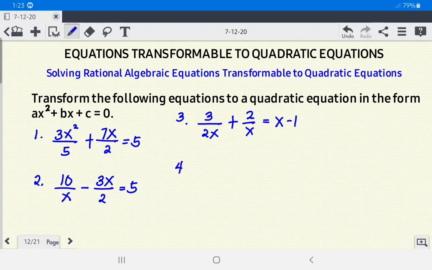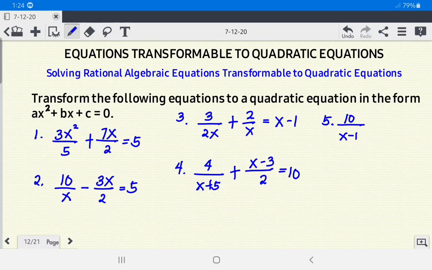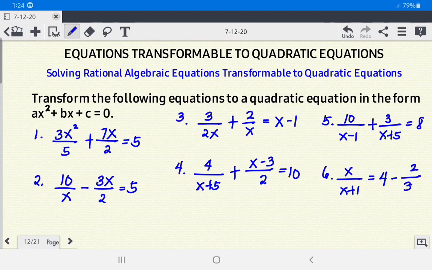Then 4 over x plus 5 plus x minus 3 over 2 equals 10. Number 5, 10 over x minus 1 plus 3 over x plus 5 equals 8. Last, number 6, x over x plus 1 equals 4 minus 2 over 3x.